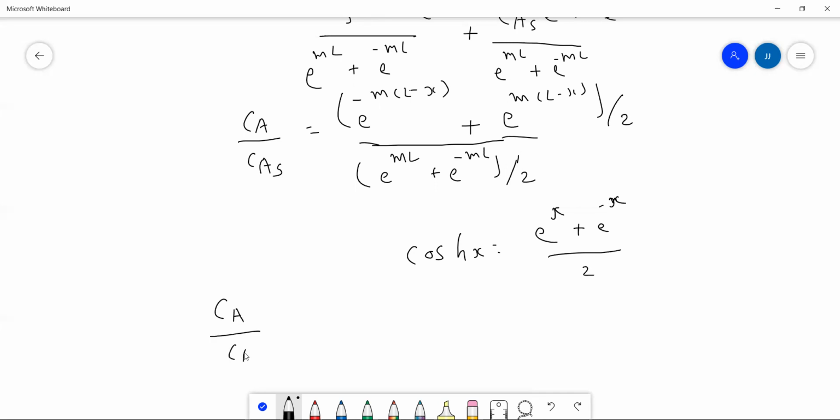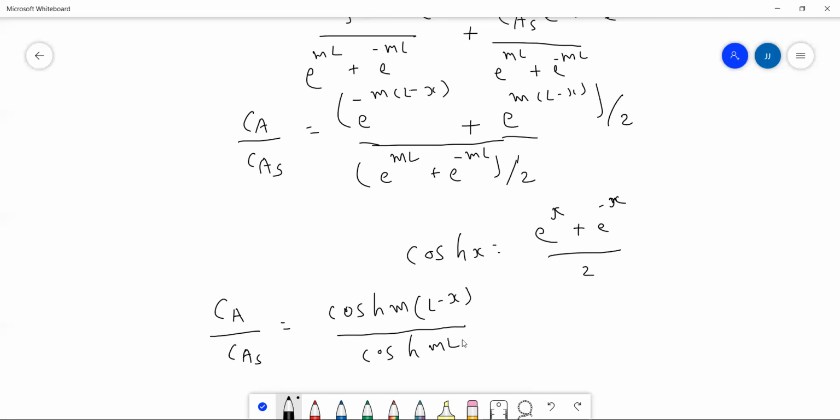CA divided by CAS is equal to cos hyperbolic m into L minus x divided by cos hyperbolic ml.